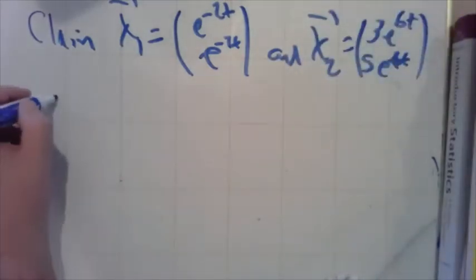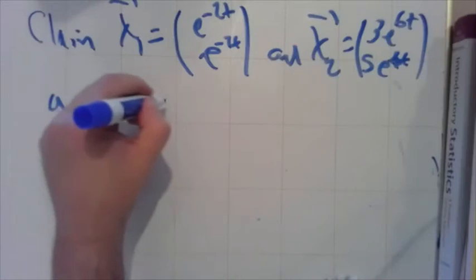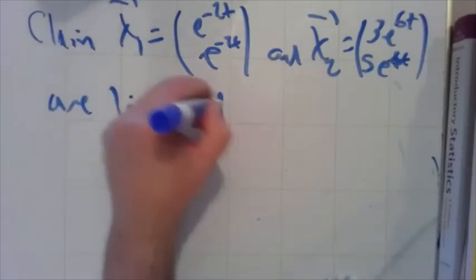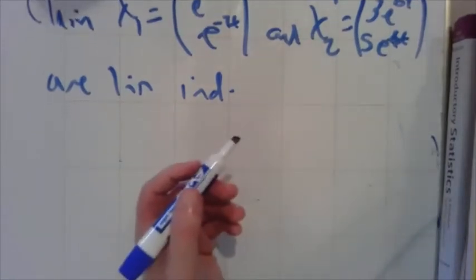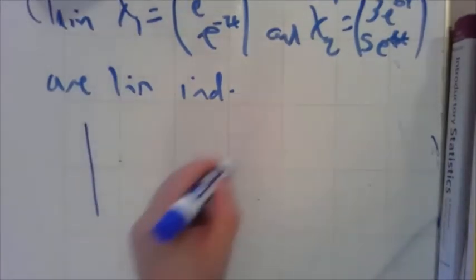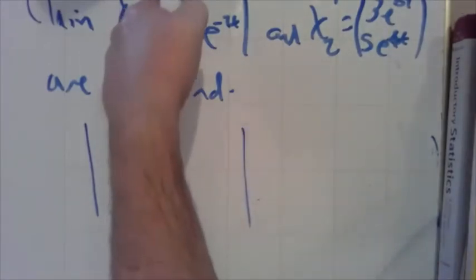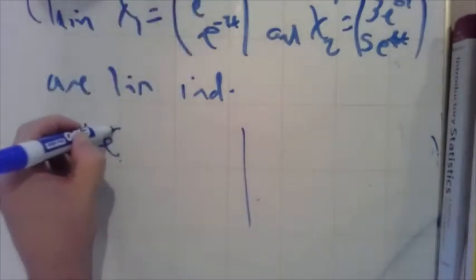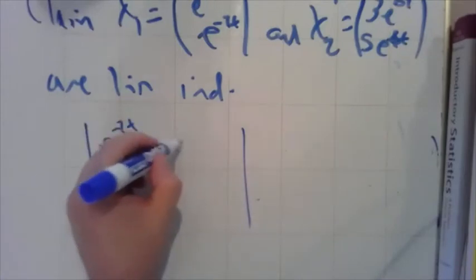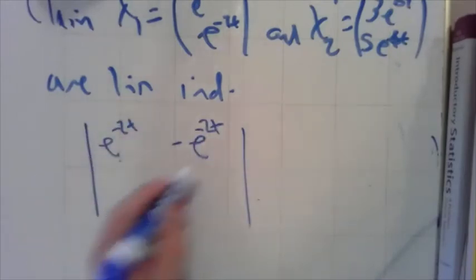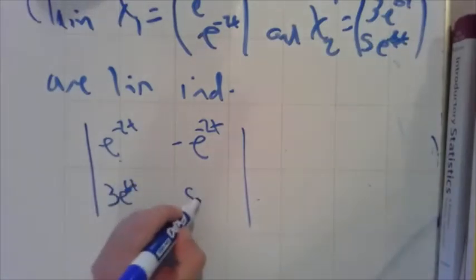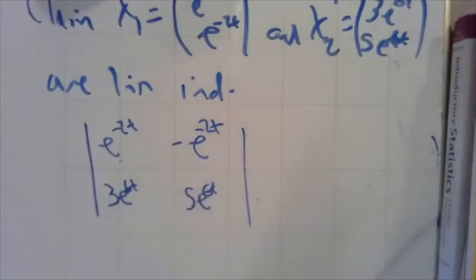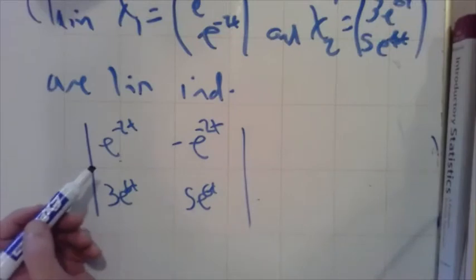I claim these are independent. Remember, independent is the good one. So to check that, we just check the Wronskian. Put this guy in row form: e to the negative 2t, negative e to the negative 2t, 3e to the 6t, 5e to the 6t. And I take this determinant.